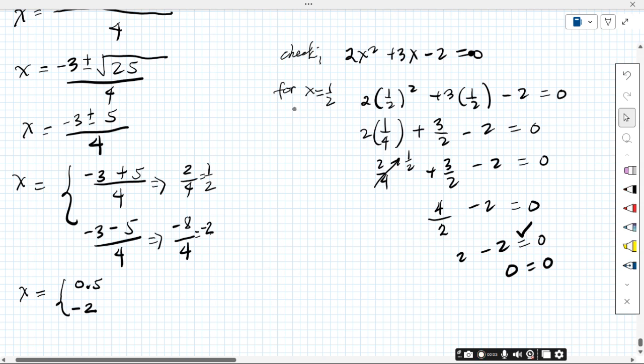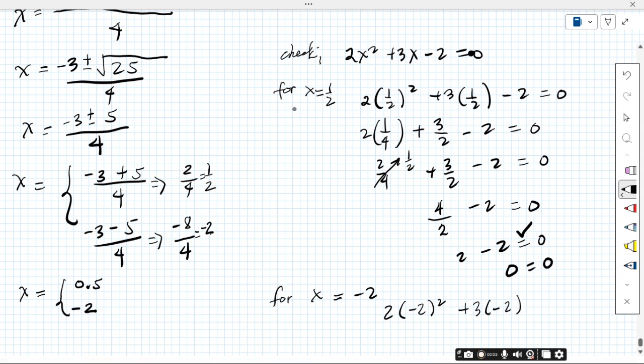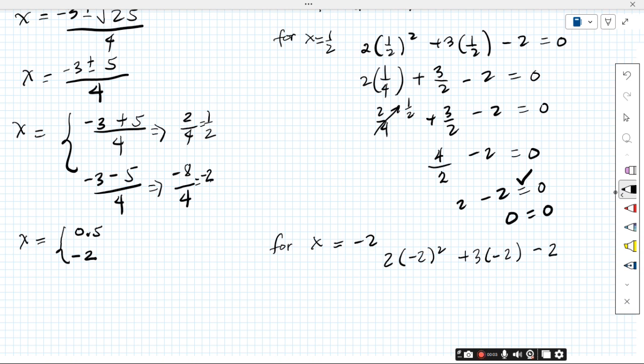Now for the second root, x equals negative 2. Let's plug in the value again. 2 times negative 2 squared plus 3 multiplied by negative 2 minus 2 equals 0. Now negative 2 squared is just 4, multiplied by 2, plus 3 multiplied by negative 2 is negative 6, minus 2 equals 0. 2 times 4 is 8, minus 6 minus 2 equals 0.